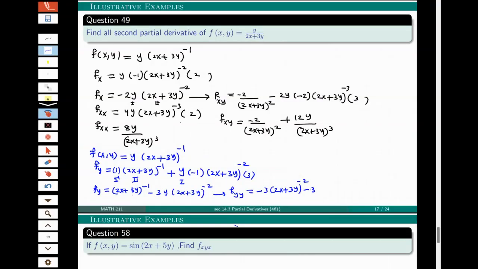The derivative of the first will be minus 3 times the second, which is 2x plus 3y raised to the power minus 2, so that's the derivative of the first times the second, plus the first, which is minus 3y, times the derivative of the second, which will be minus 2, 2x plus 3y raised to the power minus 3. The derivative of the inside is 3. I'll leave it for you to simplify.